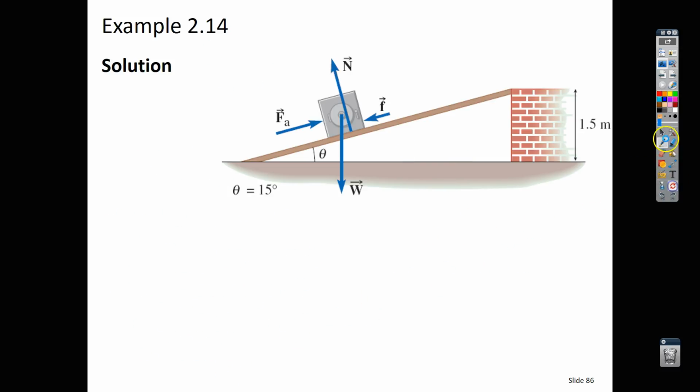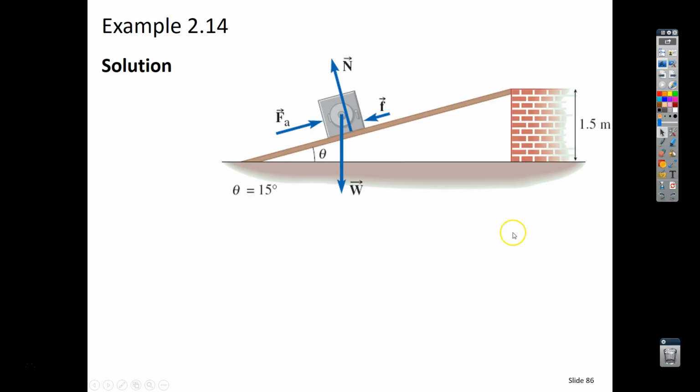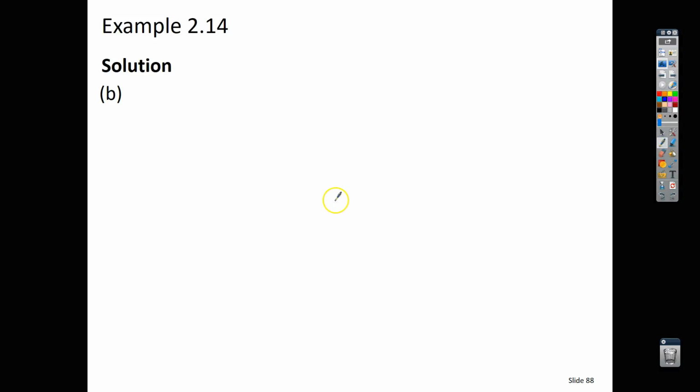For letter B, the next thing that they want us to do is tell how much force we need in order to maintain that speed up the incline itself. So for this one, we know that we have the force of friction, which is kinetic, is equal to mu k times n, and that's equal to mu k times mg times the cosine of the angle.